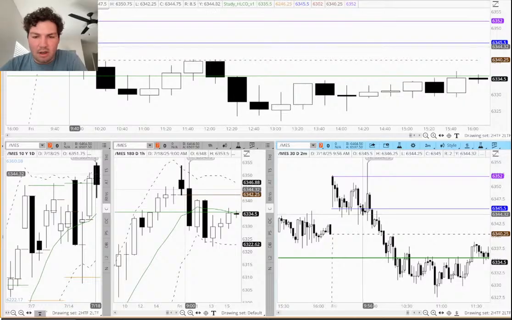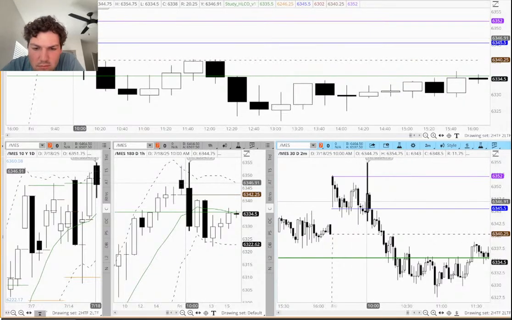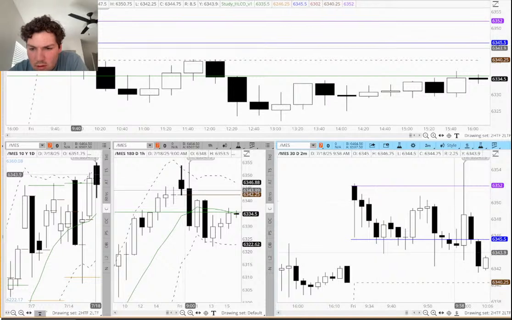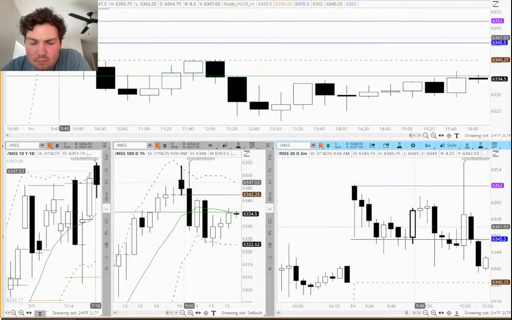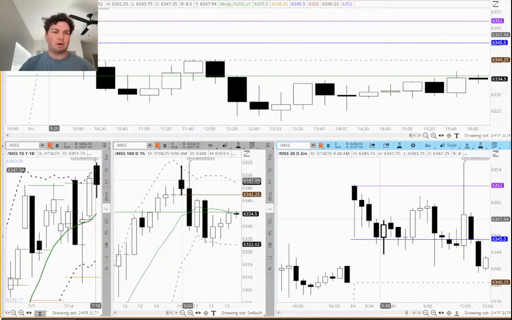Entered there with a stop. There, is it? Trying to look. No, yeah, wouldn't get hit until the third. So that'd be a bar 3 stop.